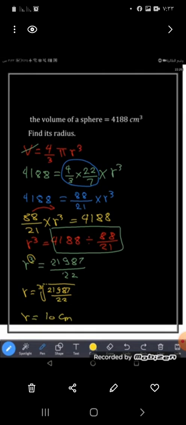Then we can say r cube equal 4188 by 21 over 88. Then we can say r cube root. Then we can get by calculating r equal 10 centi.